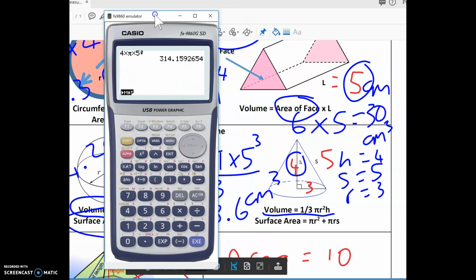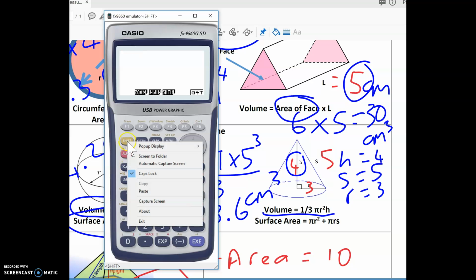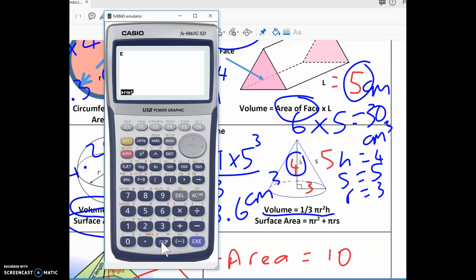So if I go here and clear it, I'm going to go pi, shift pi times r squared, so my radius is 3 squared, times height, the vertical height, not the slant height, times 4, and I can see I did the wrong pi thing. Go back, go shift pi. All right, so I've got pi r squared times the height, and I'm dividing that by 3.